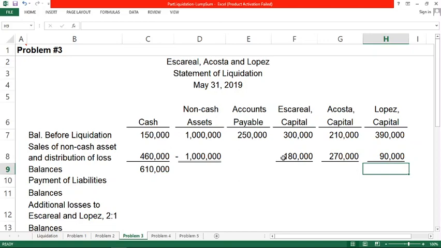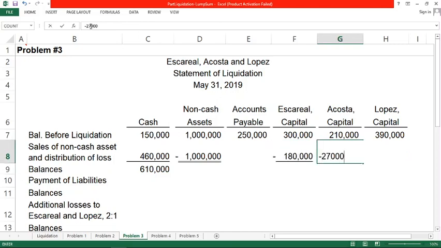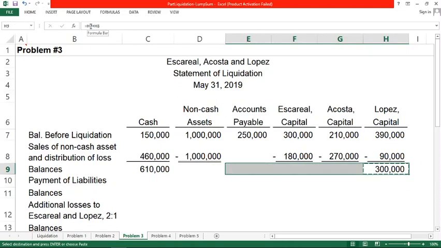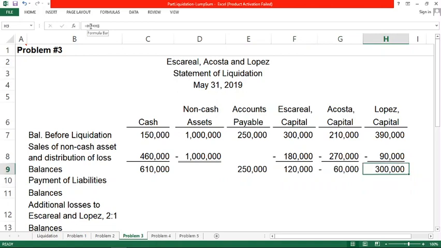Okay? So there you go. But this is a loss. So that's negative 180, negative 270, and negative 90. After considering that loss on realization, partners' balances are, ayan, may nag-negative na si Acosta.